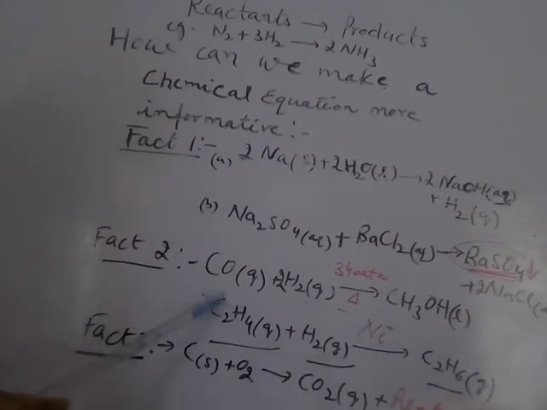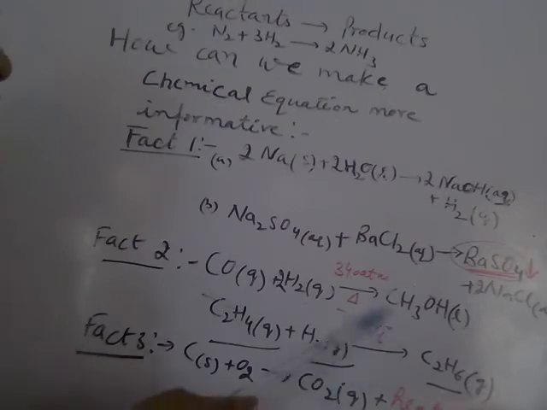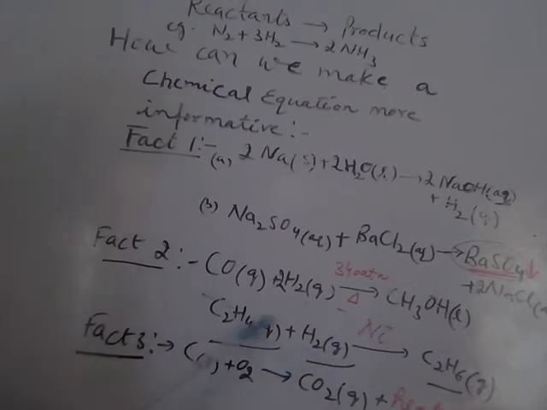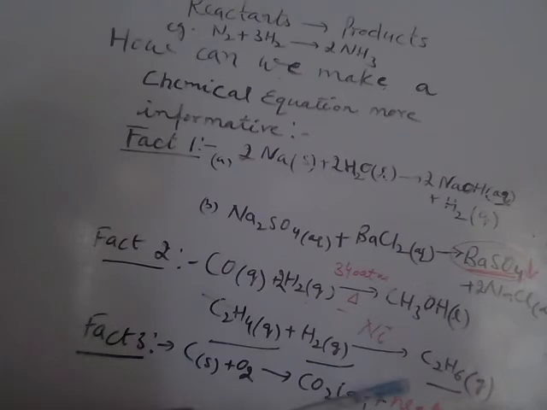This reaction takes place in the presence of nickel. So hydrogenation of ethene takes place in the presence of catalyst nickel. Students, a catalyst is a substance which increases the speed of the reaction. So we have mentioned nickel here above the arrow.